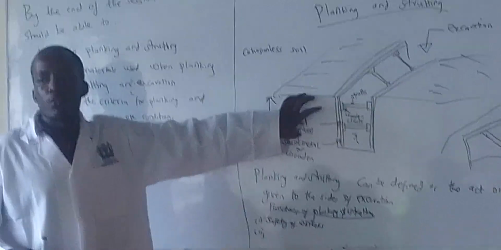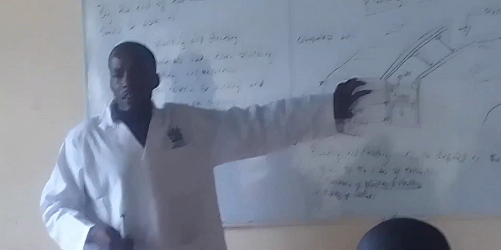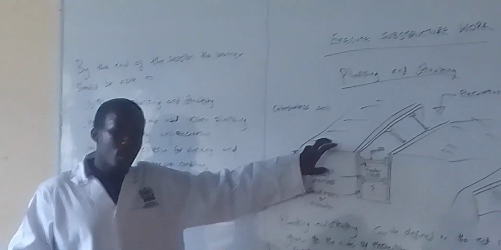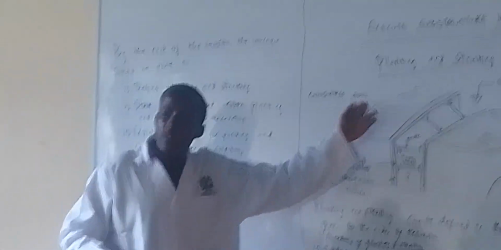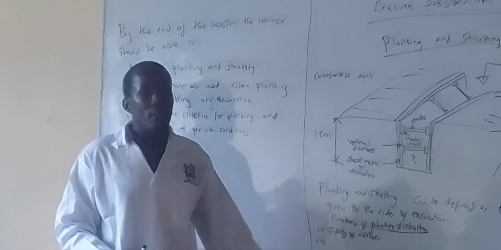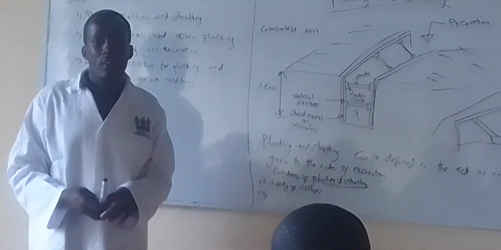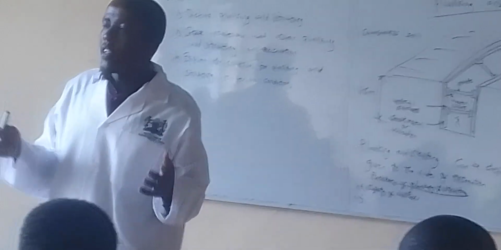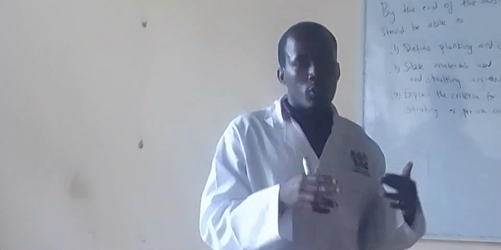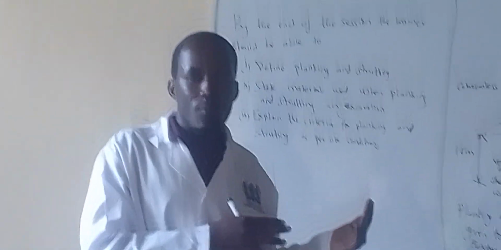And another function is that, remember, when you've done this excavation, you have paid people to do that job, right? You have paid the laborers to do that job. So when this soil collapses again into the trench, you will need people to remove that soil for the construction to continue, right?